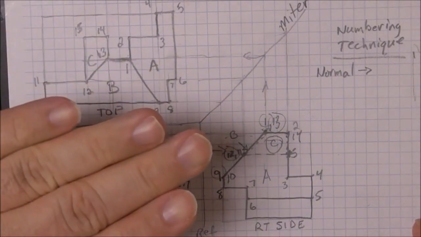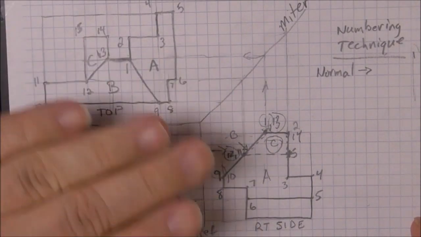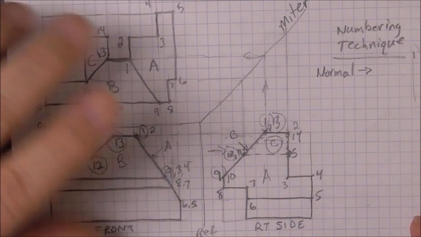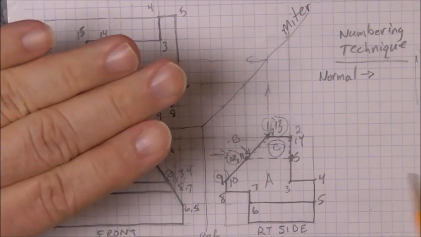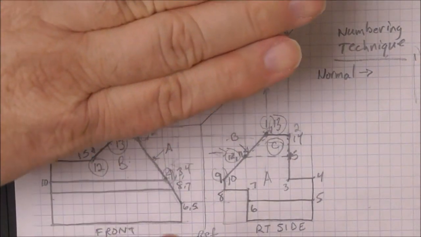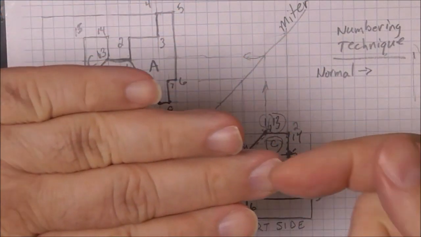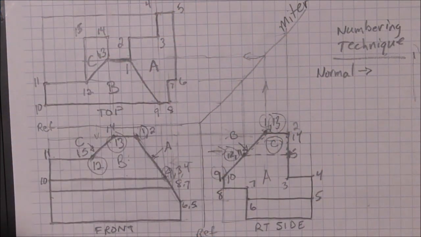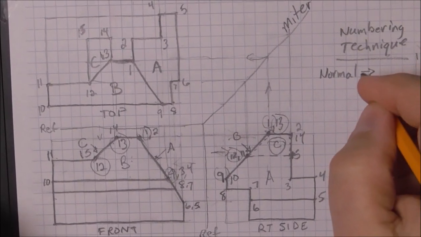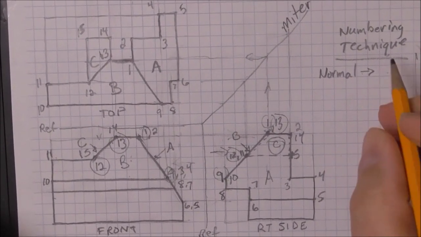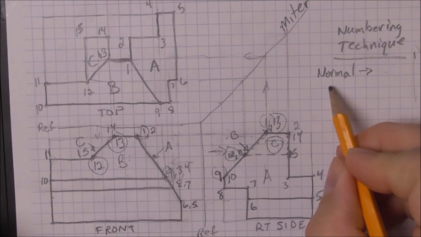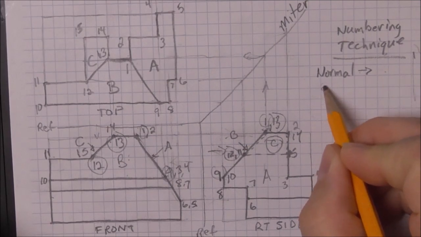A normal plane, if it's a horizontal plane, we see it in the top view as a contour. In a horizontal plane from the front, looking from the front is an edge view. Looking from the right side is an edge view. So a normal plane gives you two edge views.